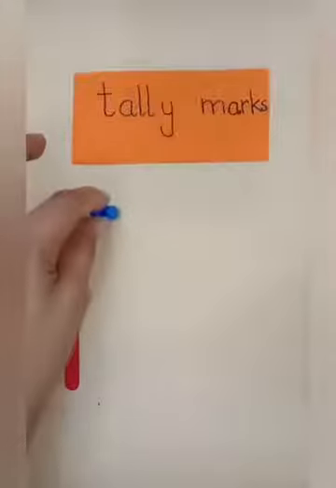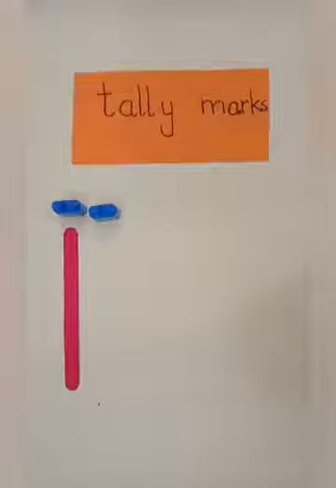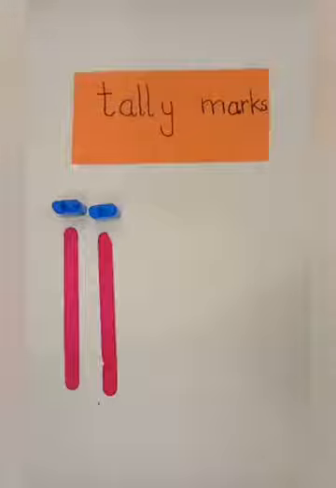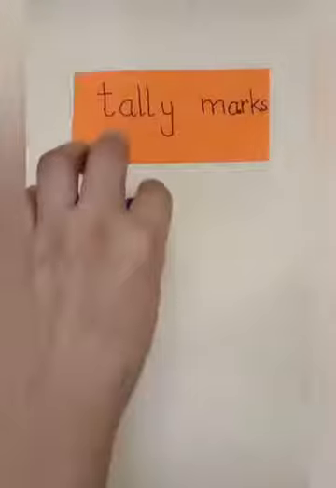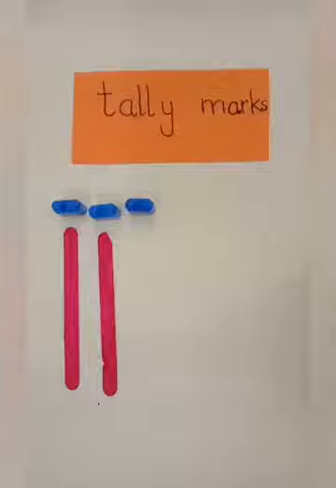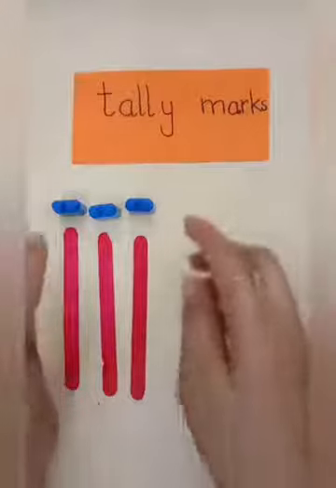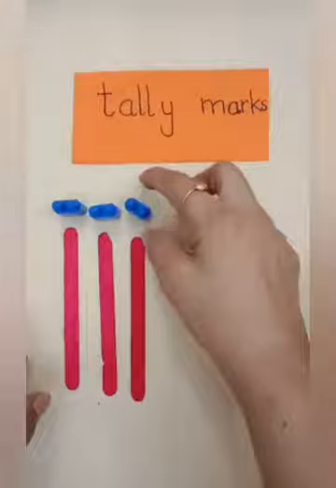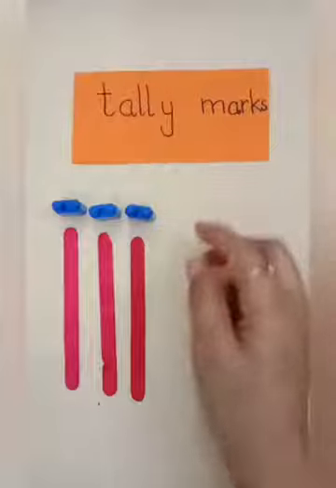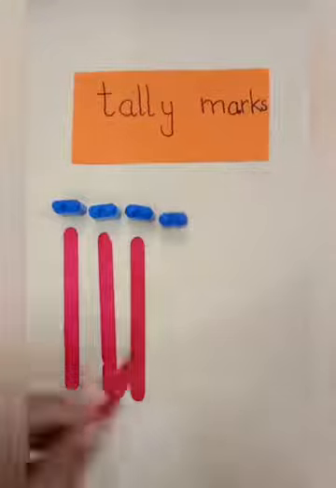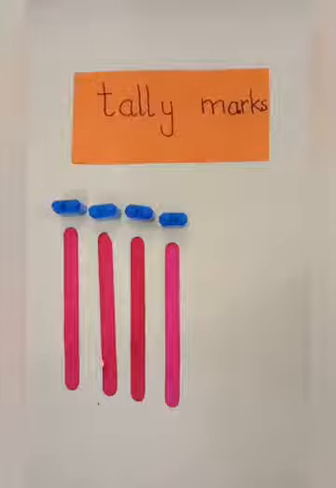Another object equals a second tally mark. If we put another object, it will be another tally mark, which means one object equals one tally mark. If we add one more, it is equal to another tally mark.